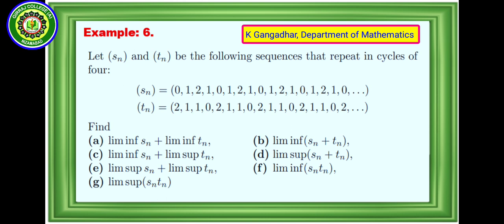So find limit infimum Sn plus limit infimum Tn, limit infimum of Sn plus Tn, limit infimum Sn plus limit supremum Tn, limit supremum of Sn plus Tn, limit supremum Sn plus limit supremum Tn, limit infimum Sn Tn, and limit supremum Sn Tn.